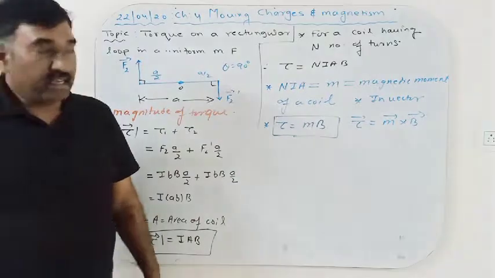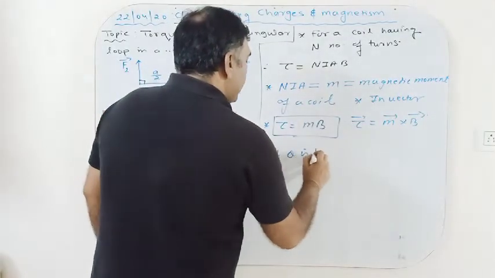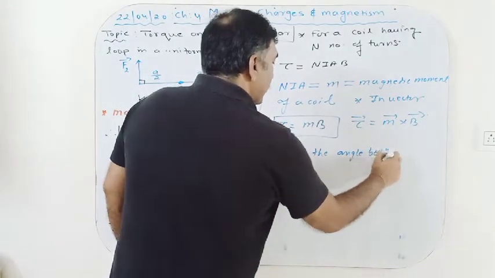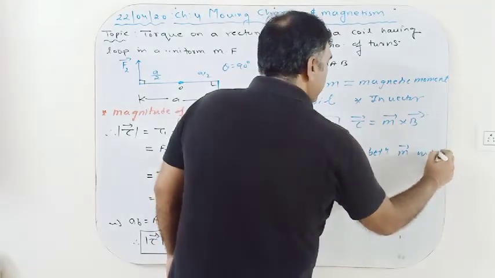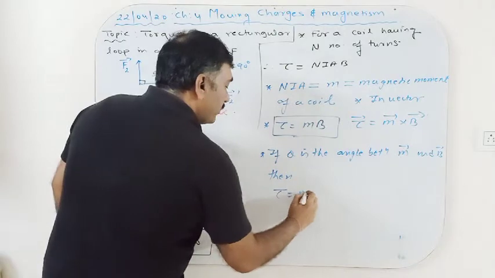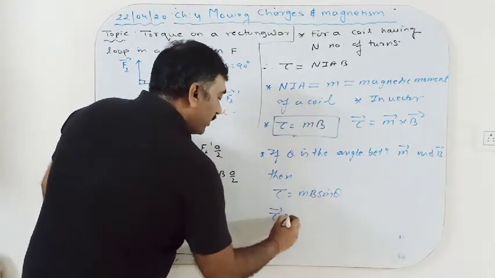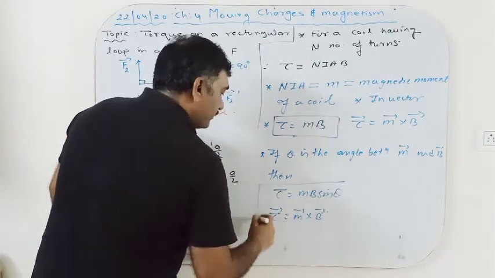If theta is the angle between vectors M and B, then we can write tau is equal to MB sin theta, or vector tau is equal to M cross B, the general formula.